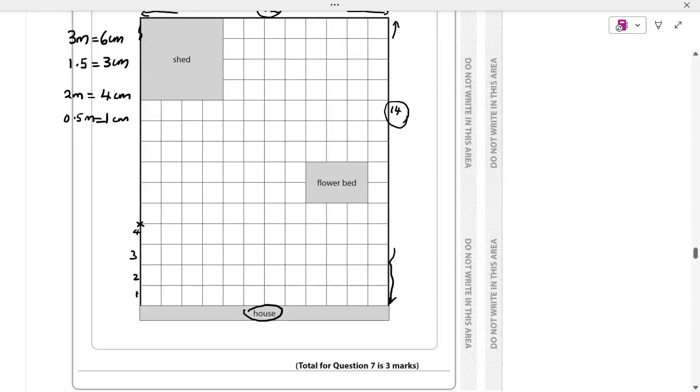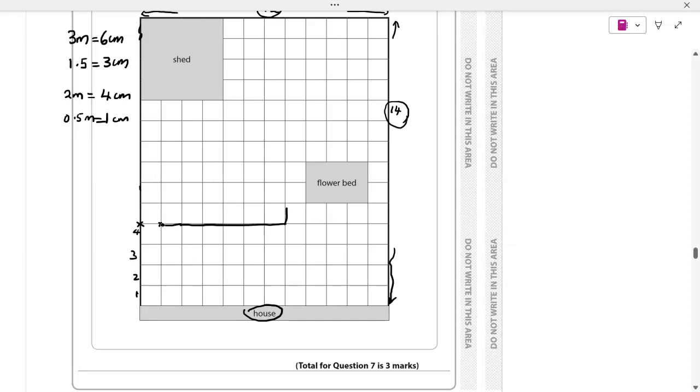Now it says at least 0.5 meters away from the fence. So that's the fence, the dark line here, at least 1 away. So we start somewhere here. The rectangle is 3 meters, which is 6 centimeters, 1, 2, 3, 4, 5, 6, by 1.5 meters, which is 3 centimeters.